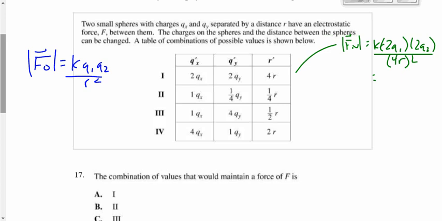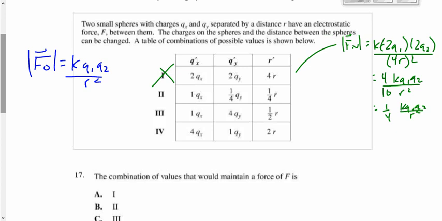Pull the 2 and the 2 out, it becomes 4 over 4, no, 4 over 16. So it becomes 1 over 4 times K Q1 Q2 over R squared, or 1 over 4 times what it was. That doesn't keep the same force, does it? So that's not the answer. We have to go through all four of these in the same way.